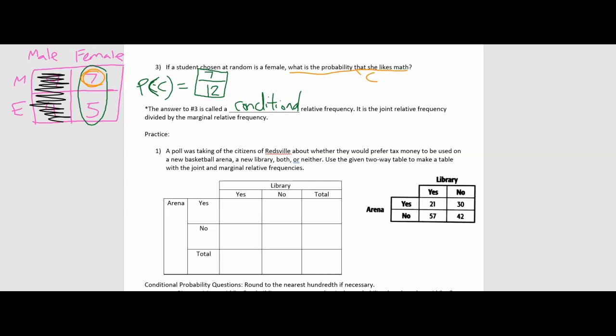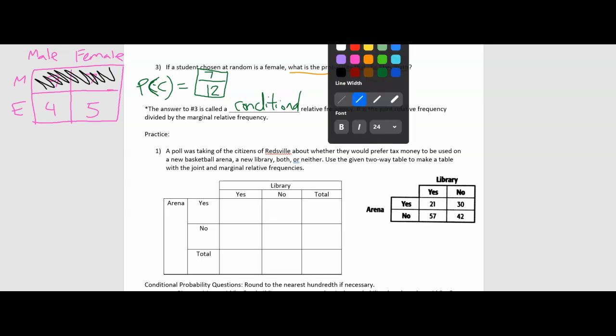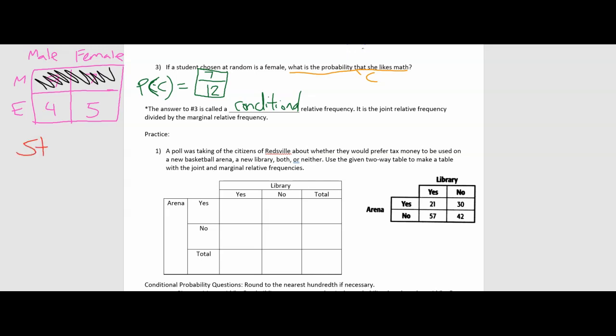We could also do something like just look at the students who like English, right? Maybe let's say we assume a student likes English. What's the probability that they're a female? Well, then we wouldn't even look at the math row. We'd only be looking at the English row.